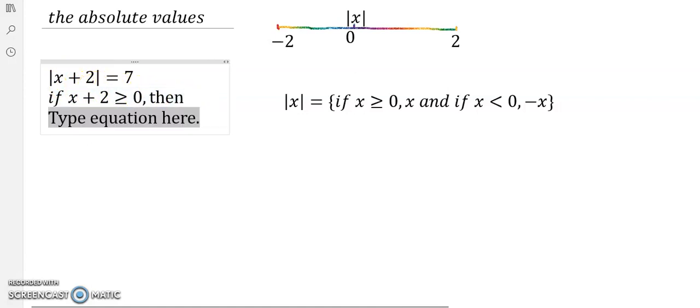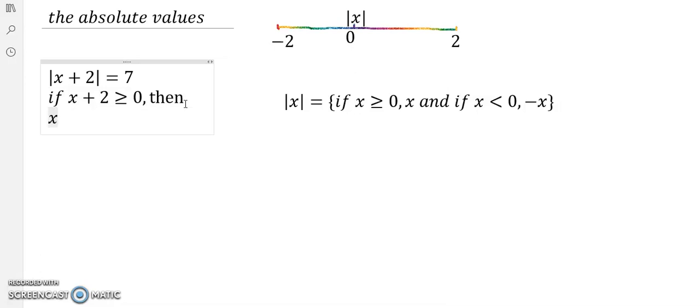Then we're gonna have x plus 2 equal to 7, because here the sign is equal. Solving for x, we're gonna have x equal to 7 minus 2, and this is nothing but 5.